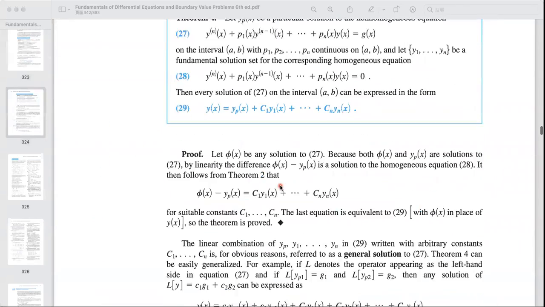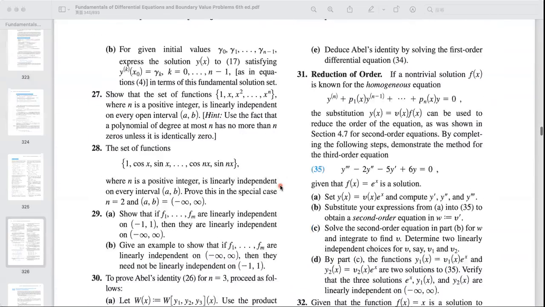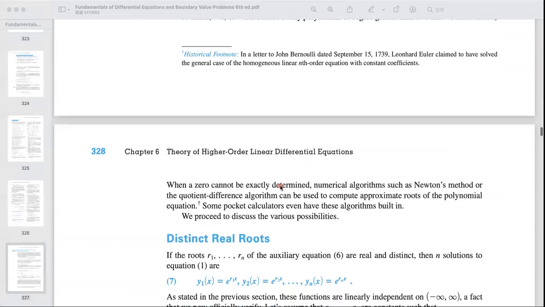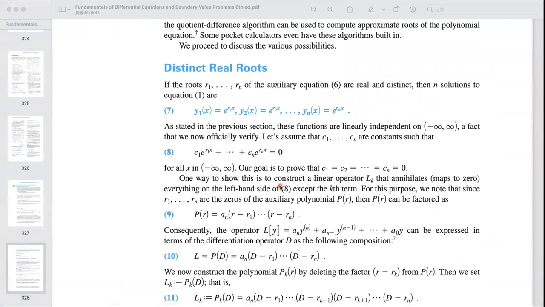So as you can see from here, since our r1, r2, up to rn are all different, these functions will be linearly independent.